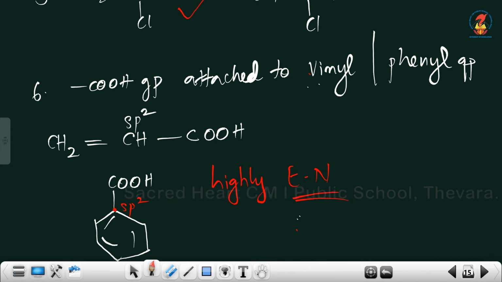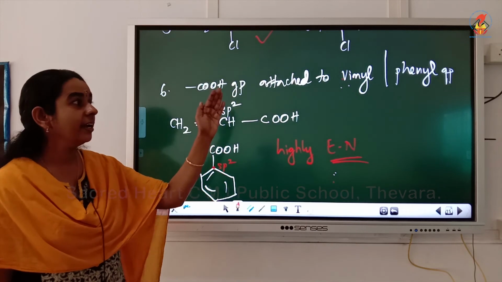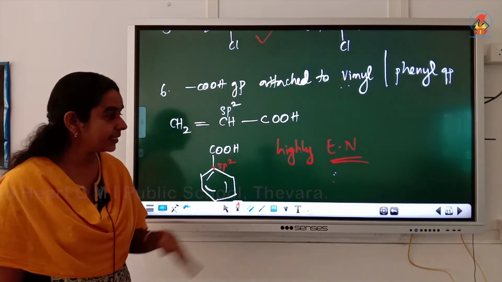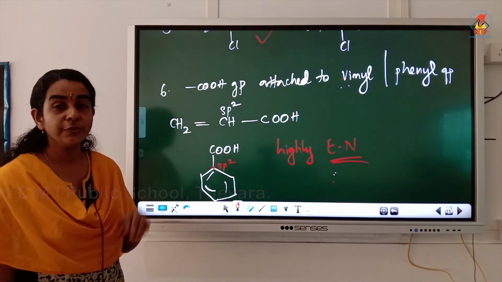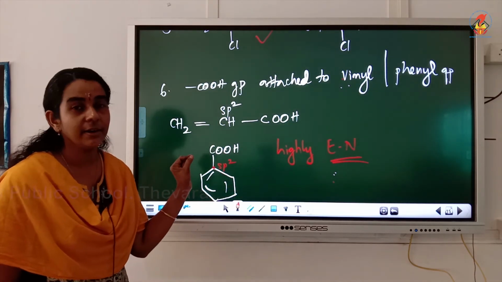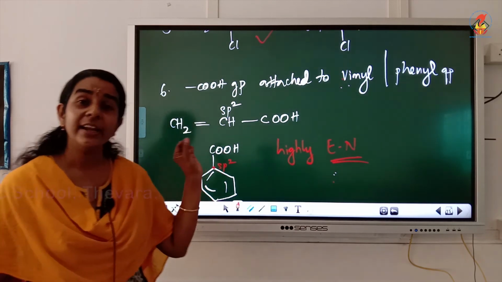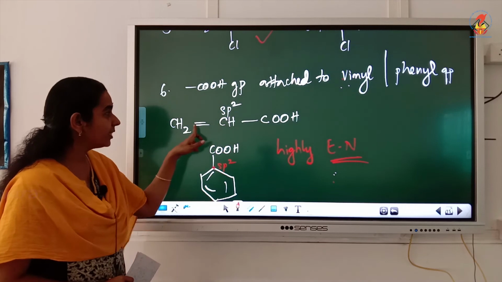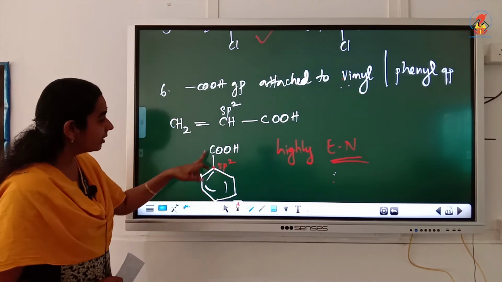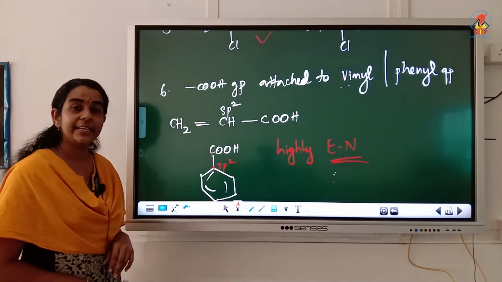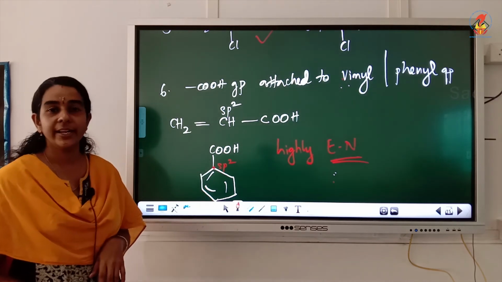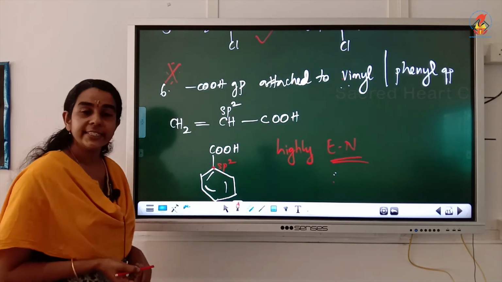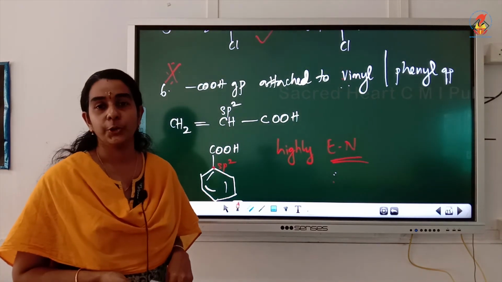So, the reason for the high acidity of a carboxylic acid attached to a vinyl or phenyl group is the high electronegativity of the sp2 hybridized carbon to which the COOH group is directly attached. So, this is a very important question: higher acidity of vinyl or phenyl group.